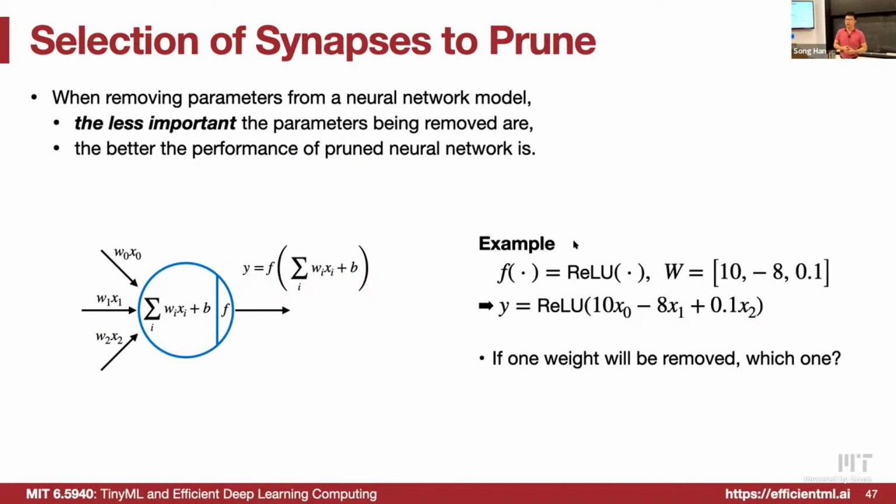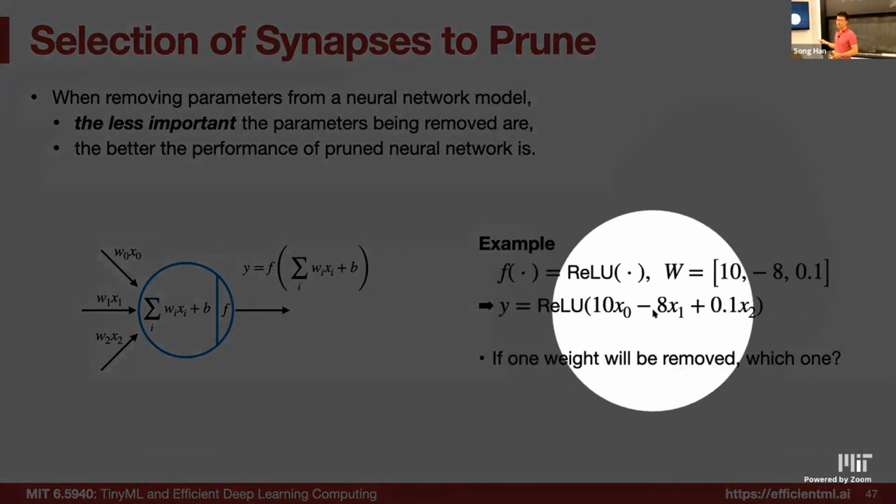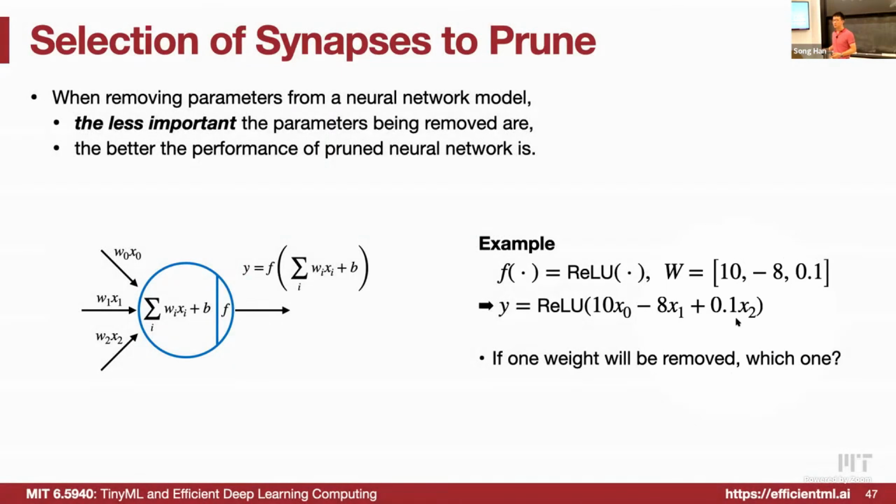Of course, we want to prune away those less important parameters so that we can maintain the accuracy or minimize the loss. For example, in this case, we have only 3 weights: 10 x0 minus 8 x1 plus 0.1 x2.